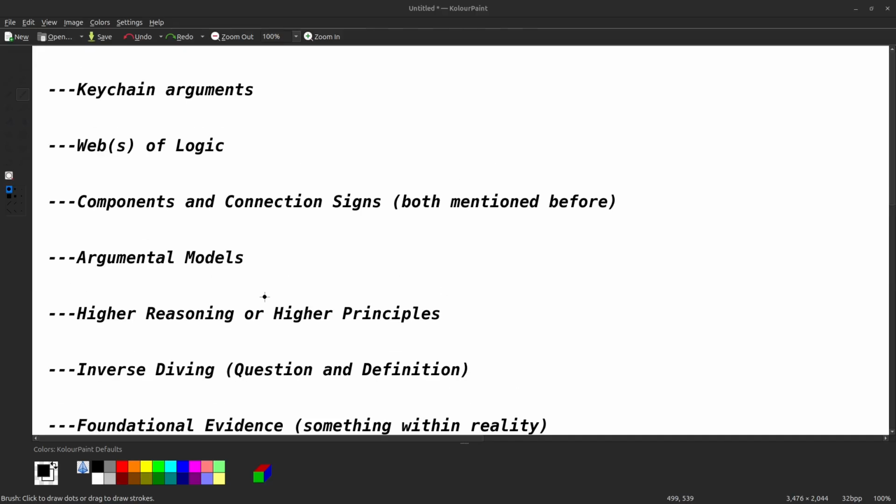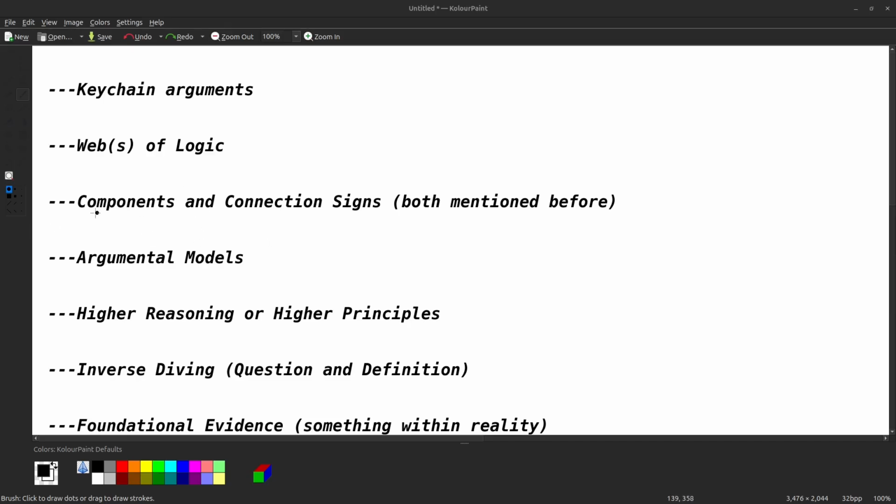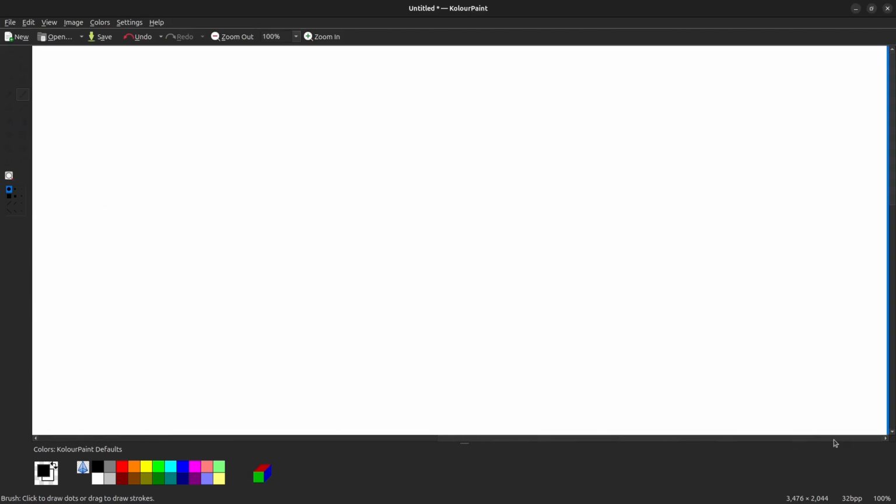I think this is going to get very long, but let's start with it, because even though it seems complicated, it's not actually as complicated as it seems. It's significantly easier once you get to the actual arguments. But you already know components and connection signs. I introduced both before, so you already have some basic background.